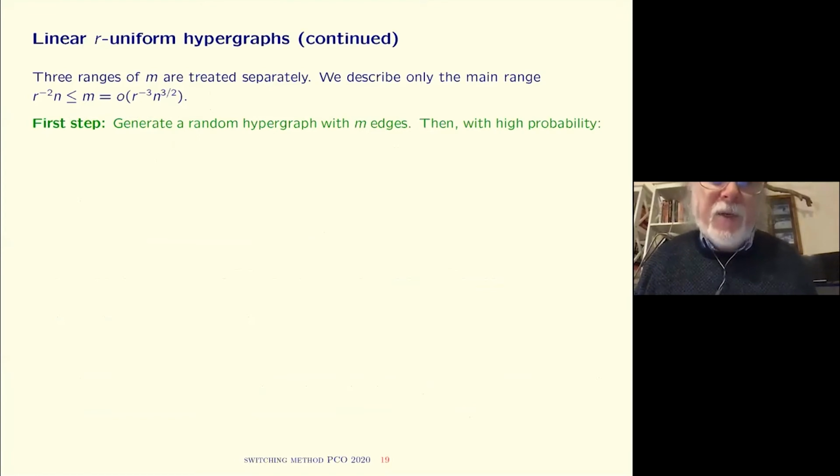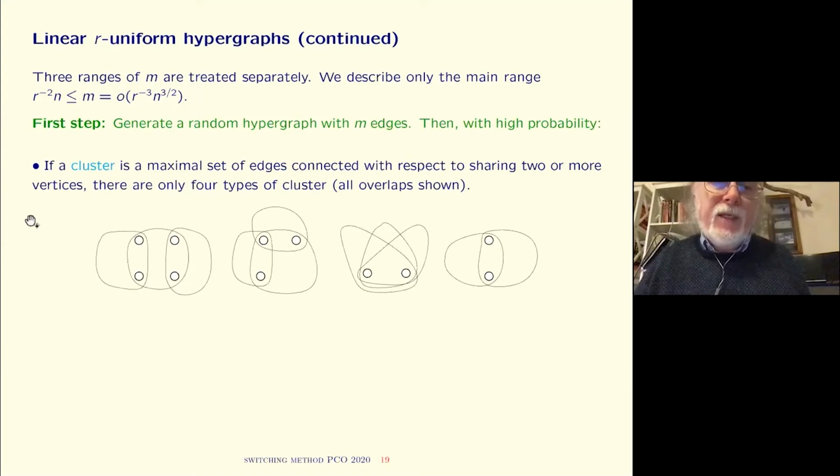The first step is to generate a random hypergraph with this many edges, not necessarily linear, and see what it looks like. Well, with high probability, it has one of these 4 cluster types. A cluster is a maximal set of edges that are connected with respect to sharing 2 or more vertices.